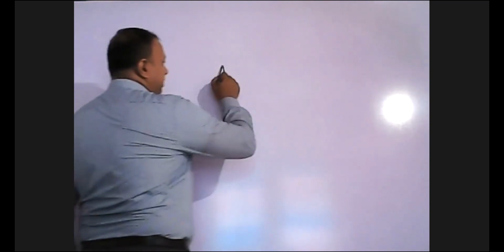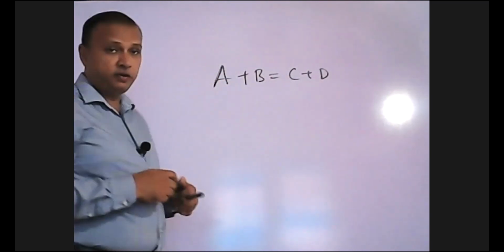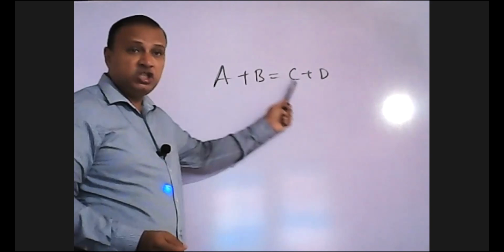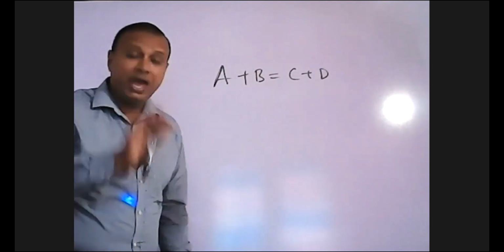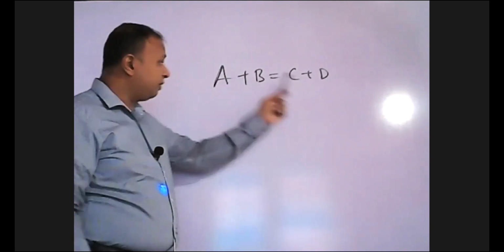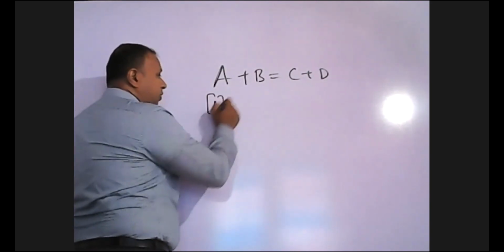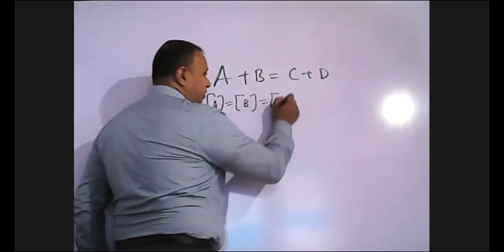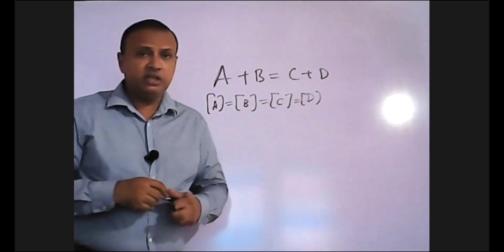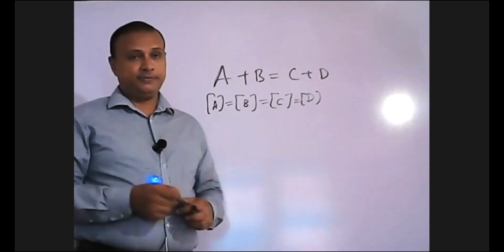If there is an equation A plus B equals C plus D, each and every term in that equation should have the same dimension, because all of those physical quantities should have the same dimension. That means the dimension of A equals the dimension of B, equals the dimension of C, equals the dimension of D. Each and every term should have the same dimension. That is the first factor to be considered during this analysis.